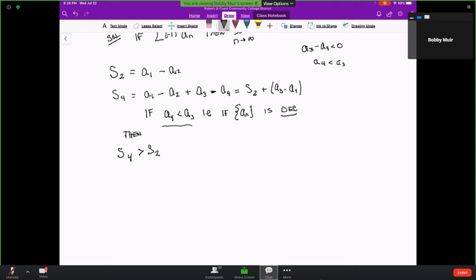So A3 is larger, A4 is less. Then what he starts playing around with is S sub 6.